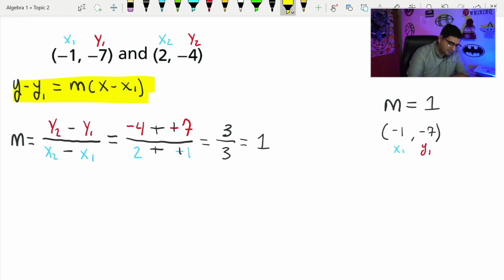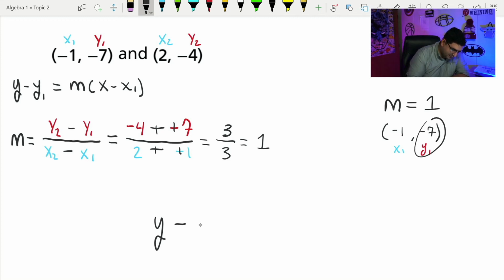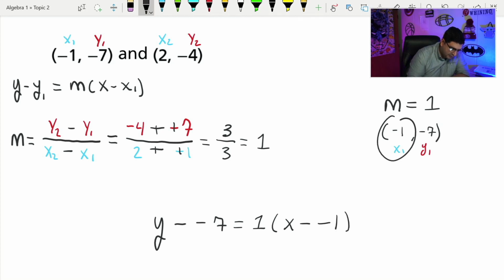So let's go ahead and do that. Doing so would get me y minus y1, and y1 is negative 7, so I actually have to write negative 7, equals m, which was just 1, times x minus x1, which is negative 1, so I have to write negative 1.